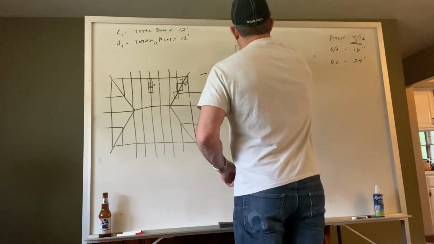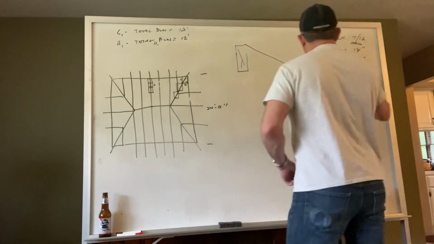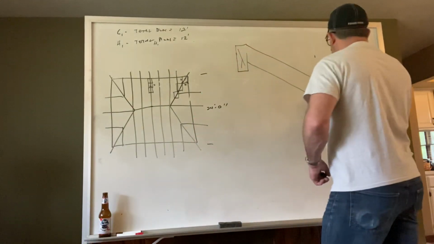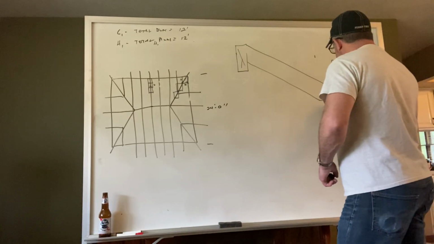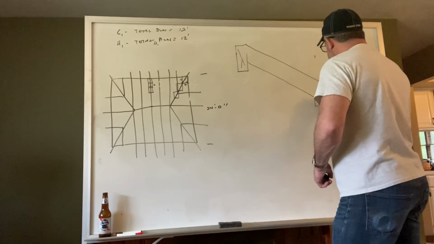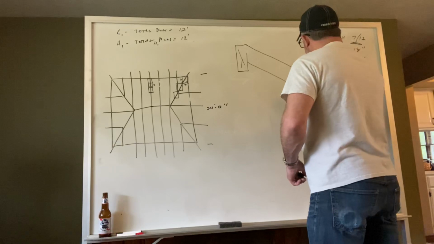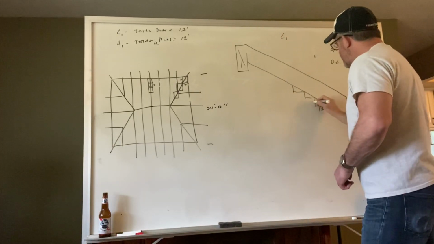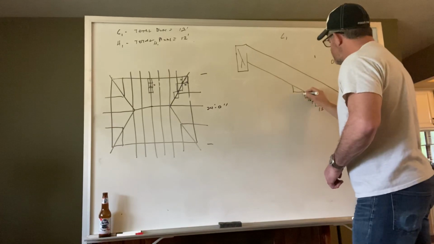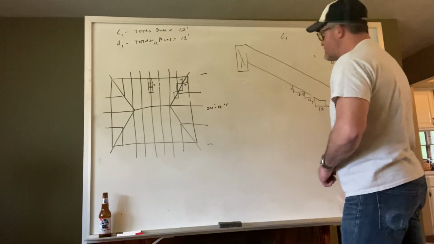Looking at that in elevation, as I move across this triangle, if this is a common, I know that's 12 inches and that's 7 inches.